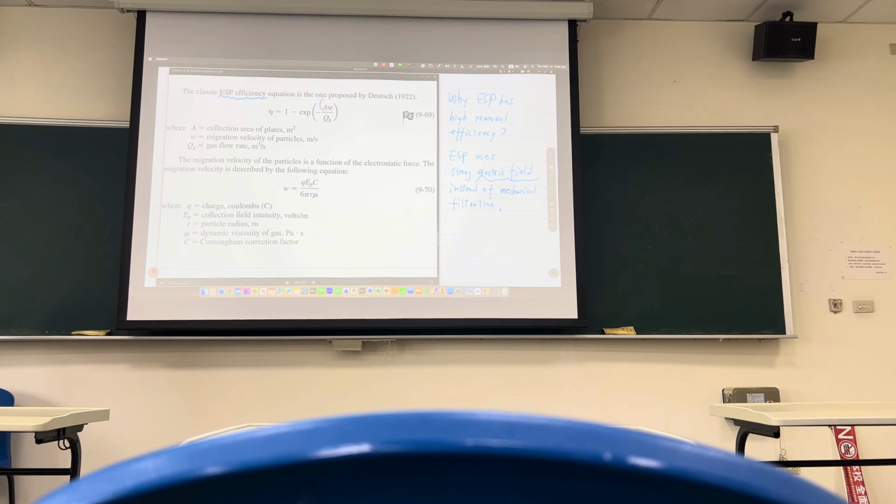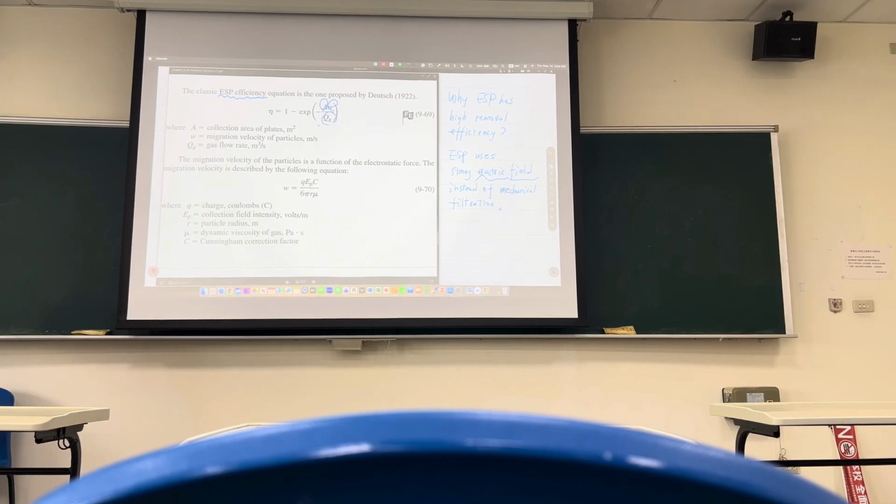A is the collection area, W is the migration velocity, and Q_G is the gas flow rate. Student, I got this equation from our textbook. So again and again, you need to read the textbook.